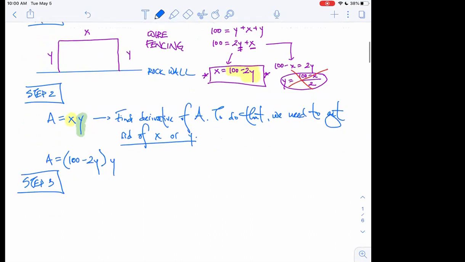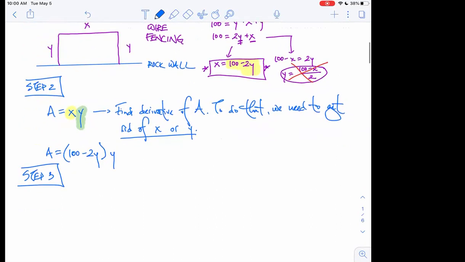Now, once you've got your single variable equation, we can move on to step 3. In step 3, we're going to simplify if we can, and then we're going to take a derivative. What do we do after we take the derivative? Set it equal to 0.